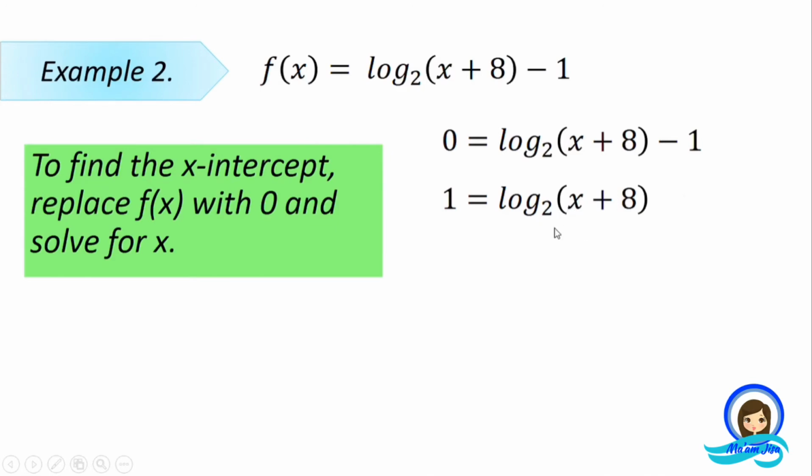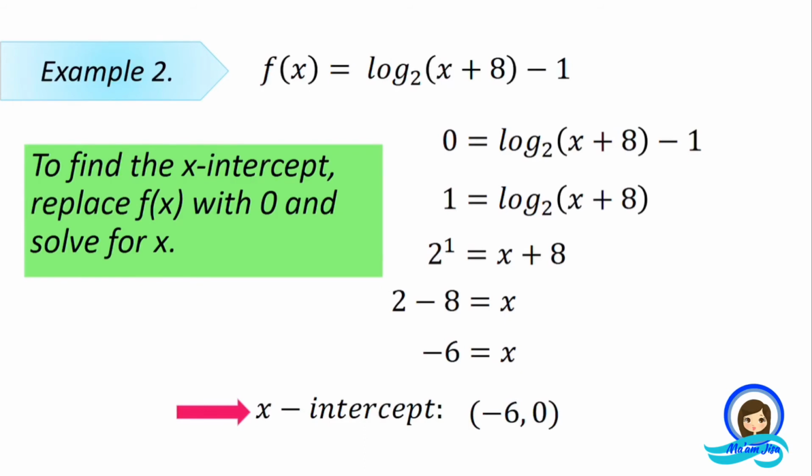And then you can now transform this into an exponential form. So our base is 2. The logarithm, which is the exponent, is 1. So that would be written this way. Now 2 to an exponent of 1 is of course 2. And then we transpose 8 to the other side. We have 2 minus 8. Therefore, x equals negative 6. And this is our x-intercept.